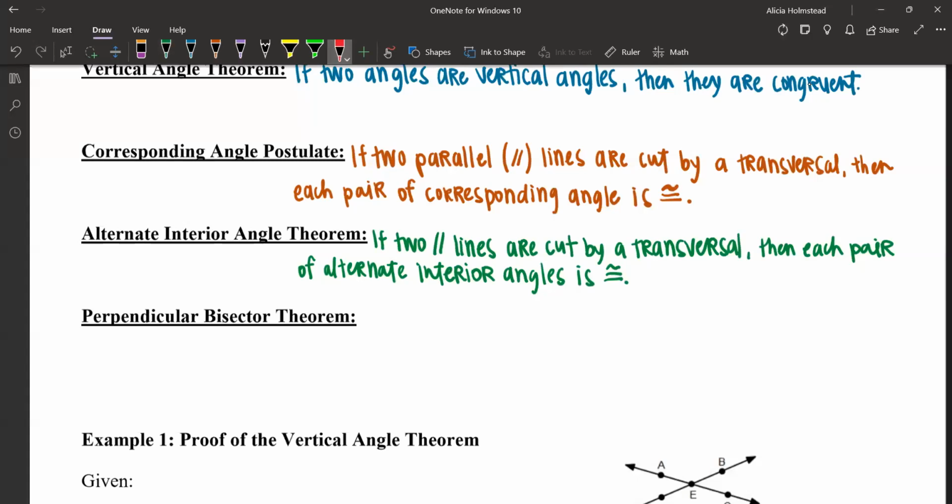And our final one is the perpendicular bisector theorem.